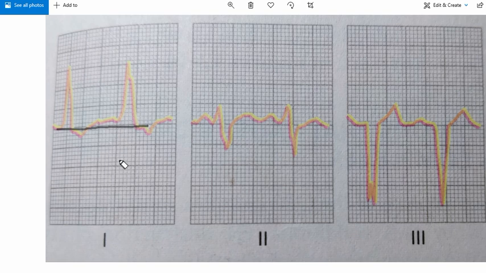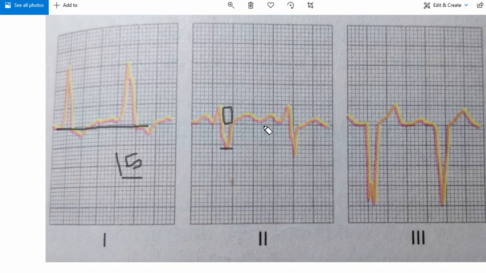So in lead 1 it covers a distance of approximately 1.5 millivolt, whereas in lead 2 it covers approximately 1, 2, 3, 4 small boxes in the horizontal direction, and in the vertical direction it covers approximately 1, 2, 3, 4, 5, 6 small boxes in the negative direction.